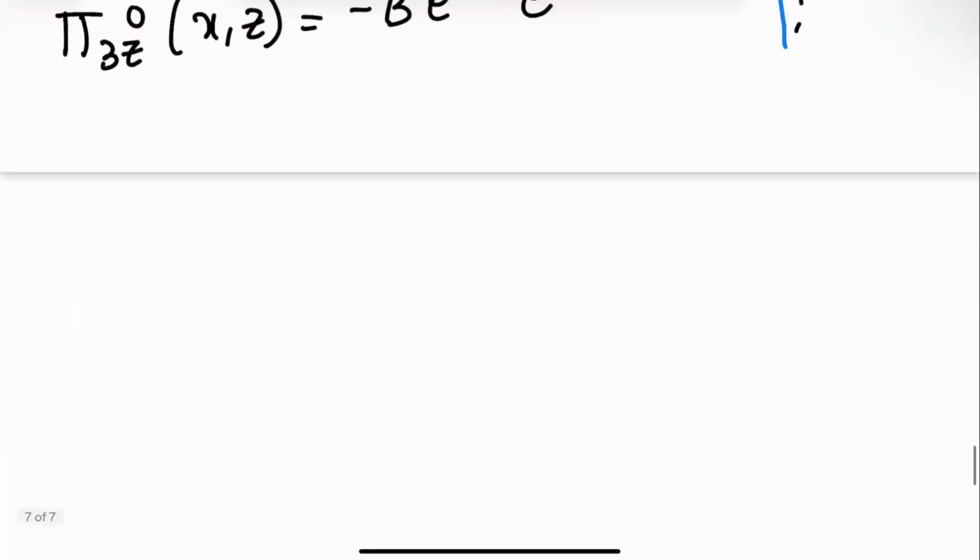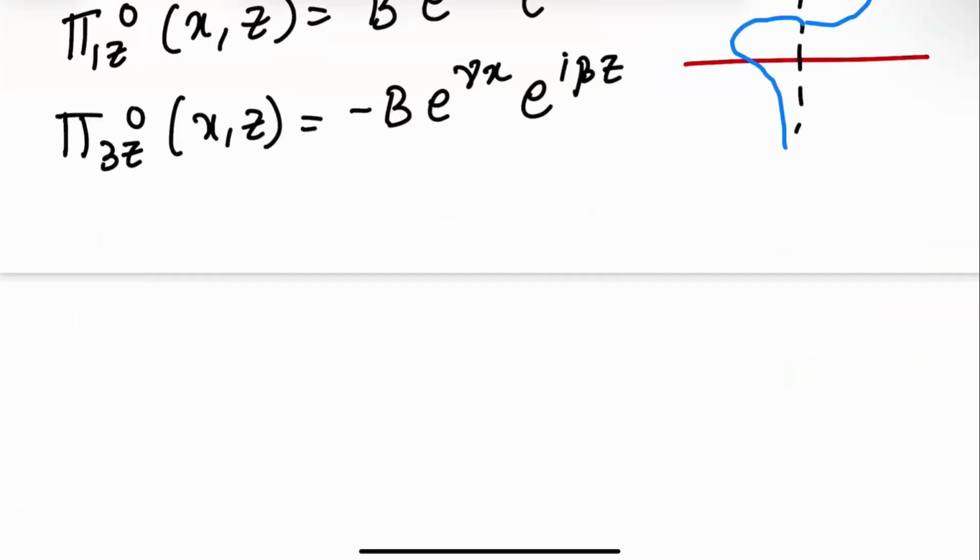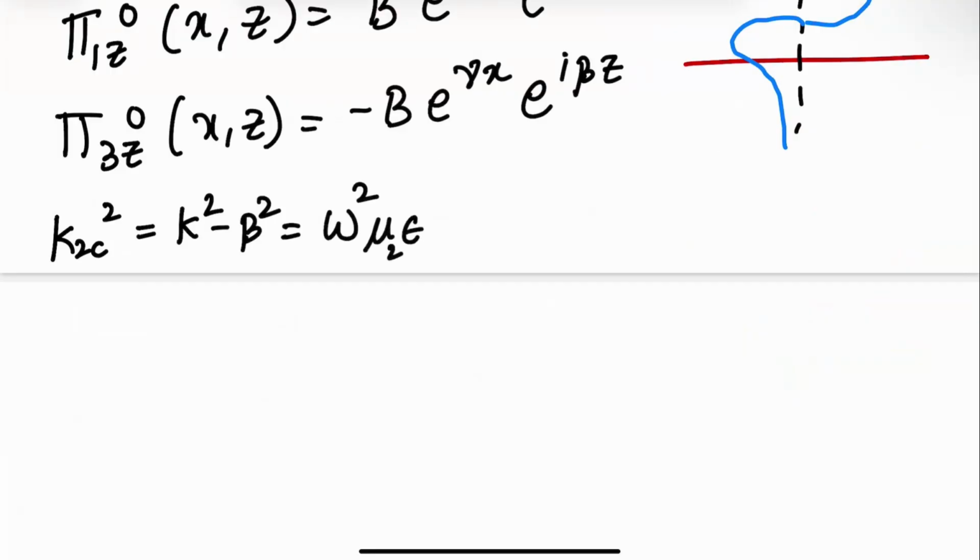We also have the dispersion relations, which are k2c squared equal to k squared minus beta squared, which is of course omega squared mu2 epsilon2 minus beta squared.